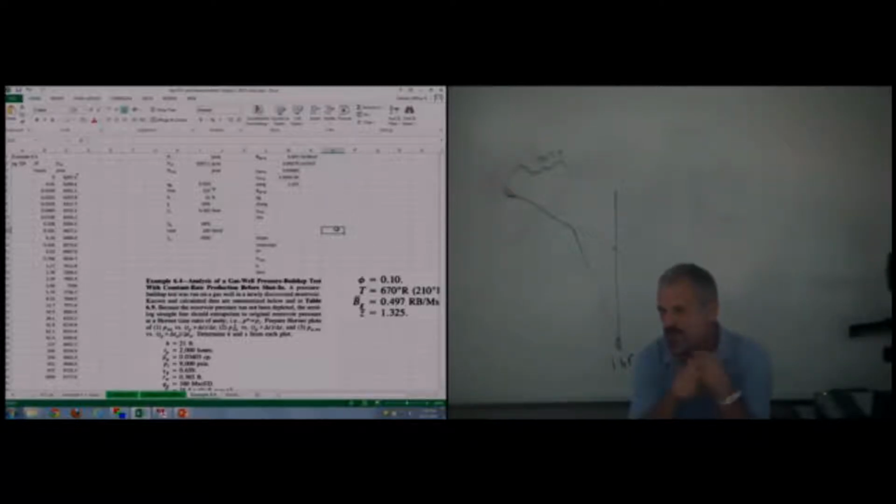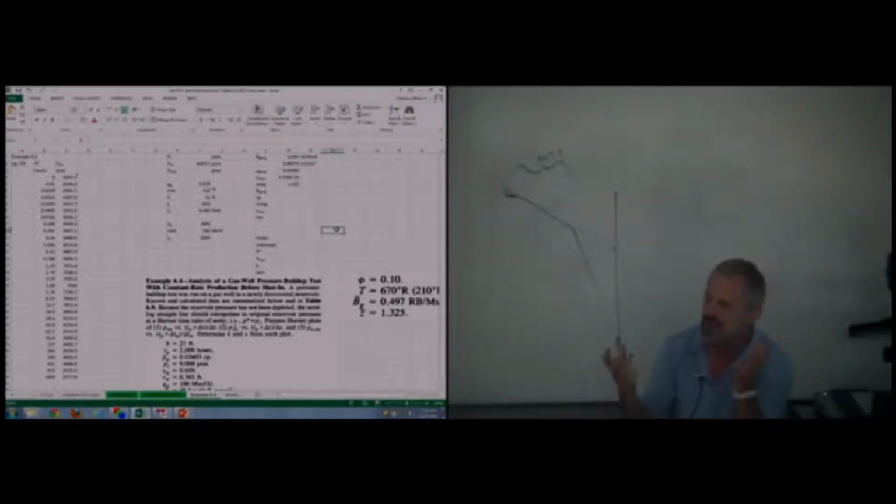And Wyoming let us flare gas for 14 days on a new well until we got a pipeline connection. So what we did is we tested our well, produced our oil to a stock tank, flared our gas, and then after 14 days, we shut in the well. We had nothing to do until our pipeline connection was done, so we lowered a gauge to the bottom of the hole and got a buildup at that point in time.